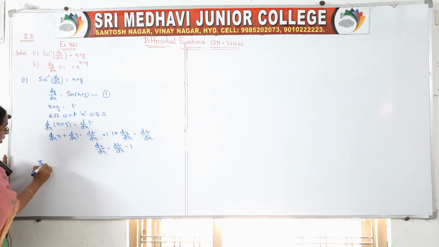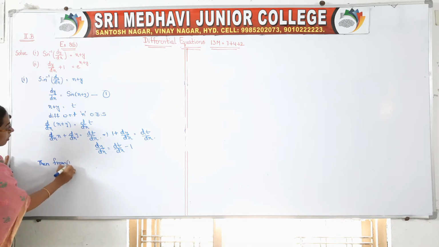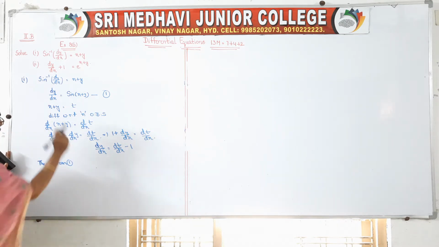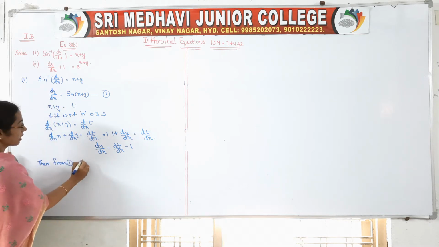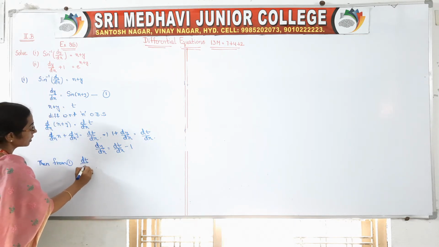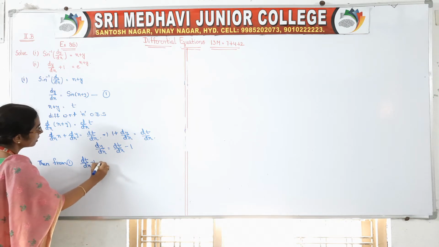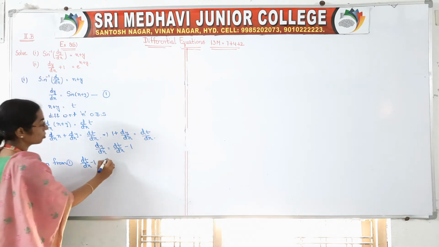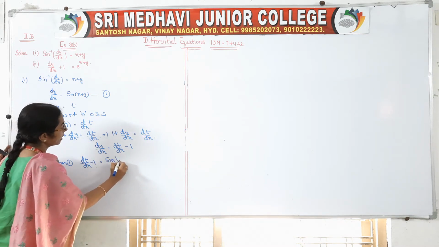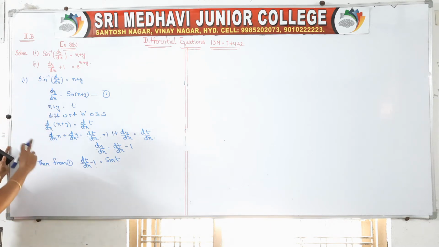Then from equation 1, instead of dy by dx we will write dt by dx minus 1 is equal to sine t, isn't it? We have taken x plus y is equal to t, right?